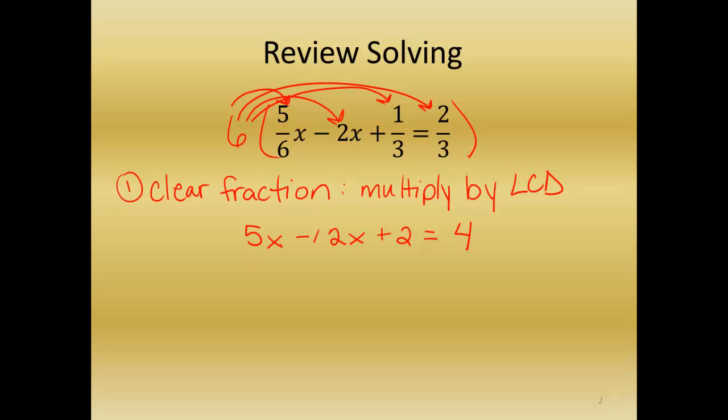You end up with a linear equation that has no fractions in it, and it's a little bit easier to solve. So we're going to do the exact same thing, except our denominators aren't going to be whole numbers, but we're going to run into having to find a common denominator. But it's the same strategy. We want to clear fractions.